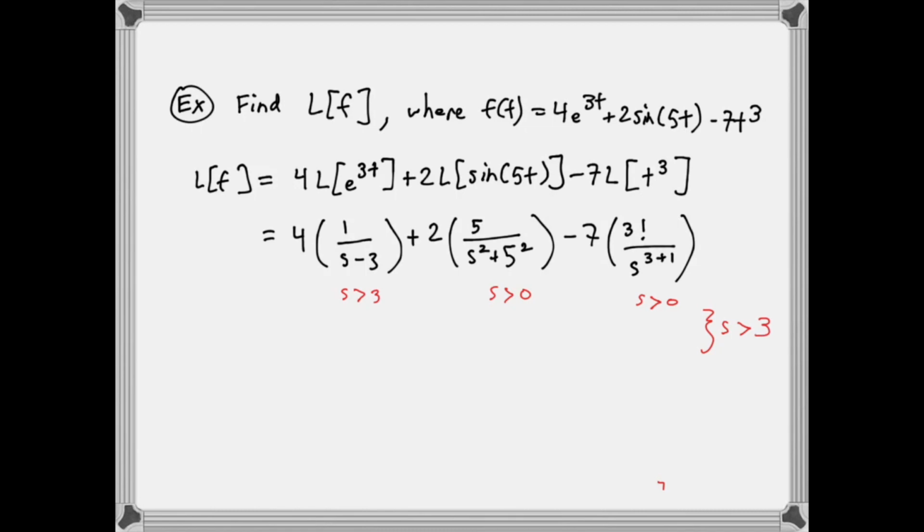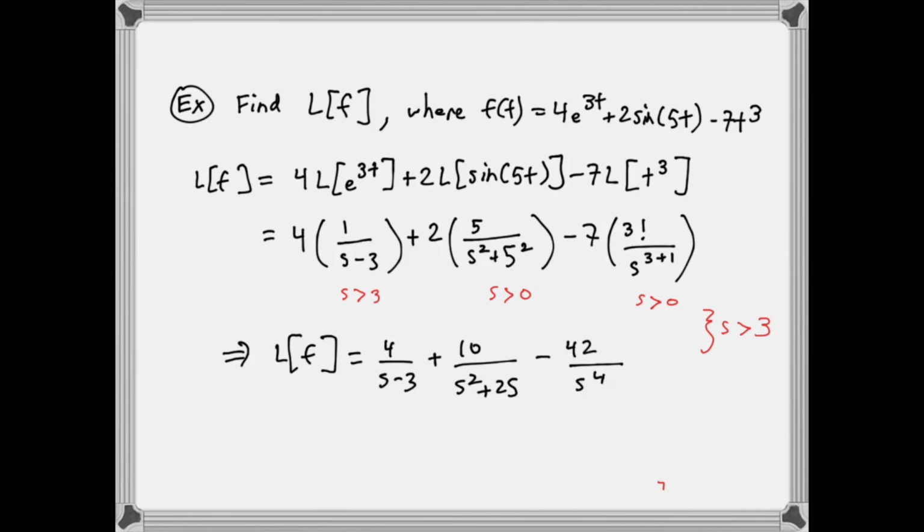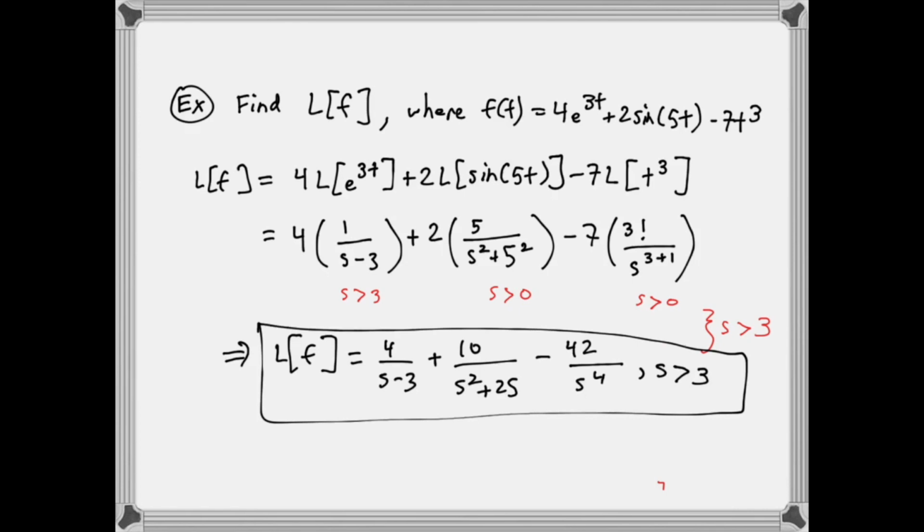So the Laplace transform of f is going to equal 4 over s minus 3 plus 10 over s squared plus 25. And then you have 7 times 6, so that's minus 42 over s to the 4th power. And s is bigger than 3. This would be our answer.